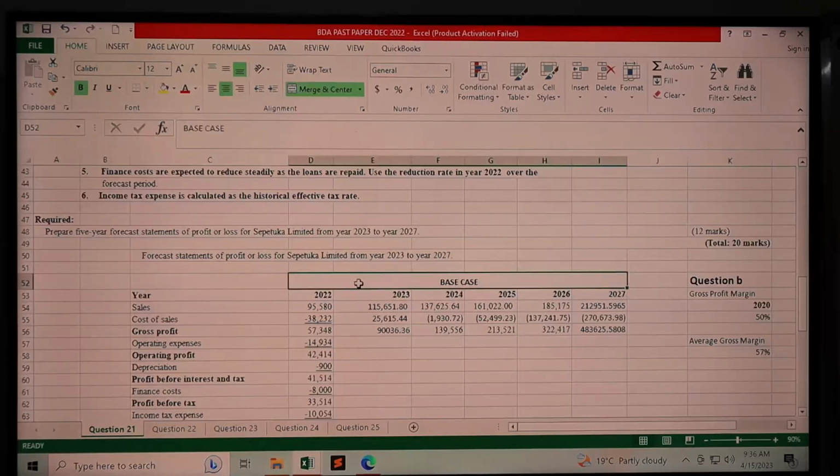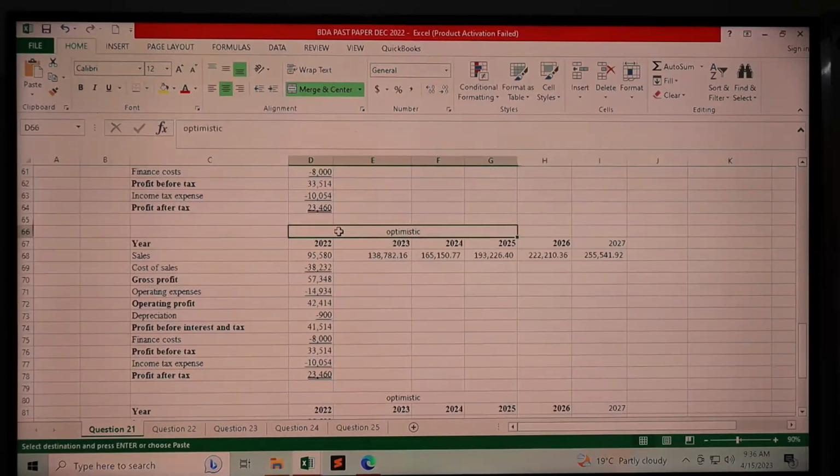So you do the same for the next case. We've said optimistic case. So again, you indicate there that the case you are solving here is optimistic.